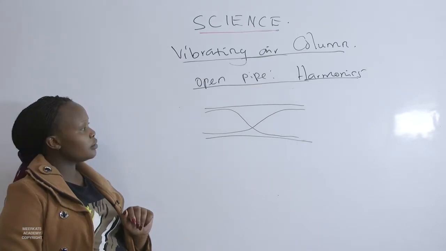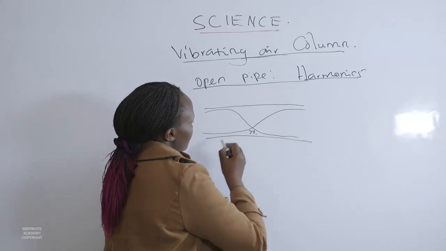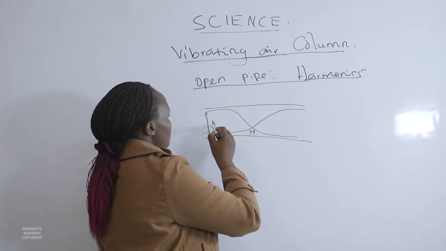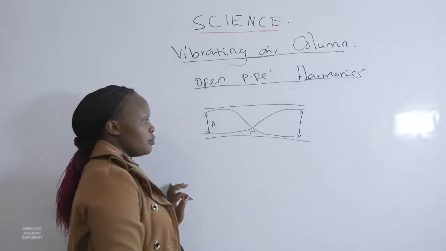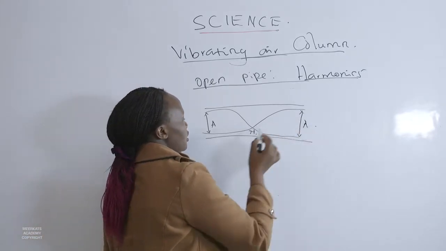Now the wave has a node. Then we have antinodes on both ends.